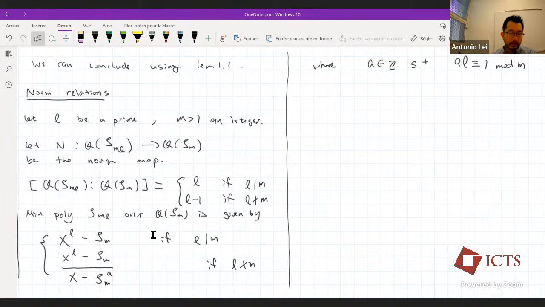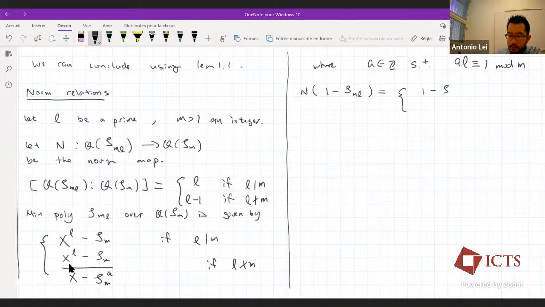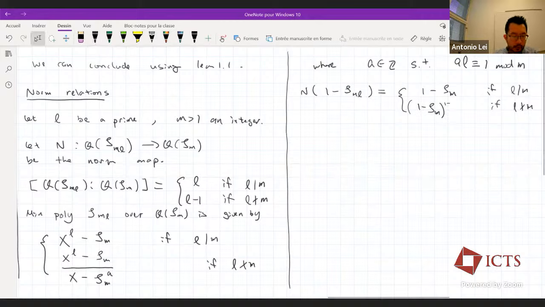And so once you know that the minimal polynomial of zeta ML is given by this, then you can work out what you get when you look at the norm of this element, and it would simply be 1 minus zeta M if L divides M, whereas if L does not divide M, then it would be given by the same element, except that this extra factor here would tell you that you have to modify it by this zeta L minus 1.